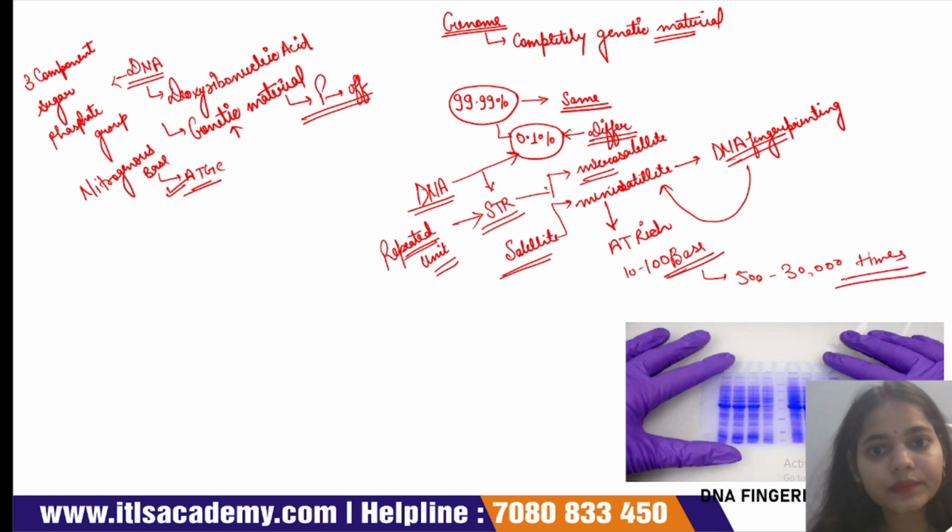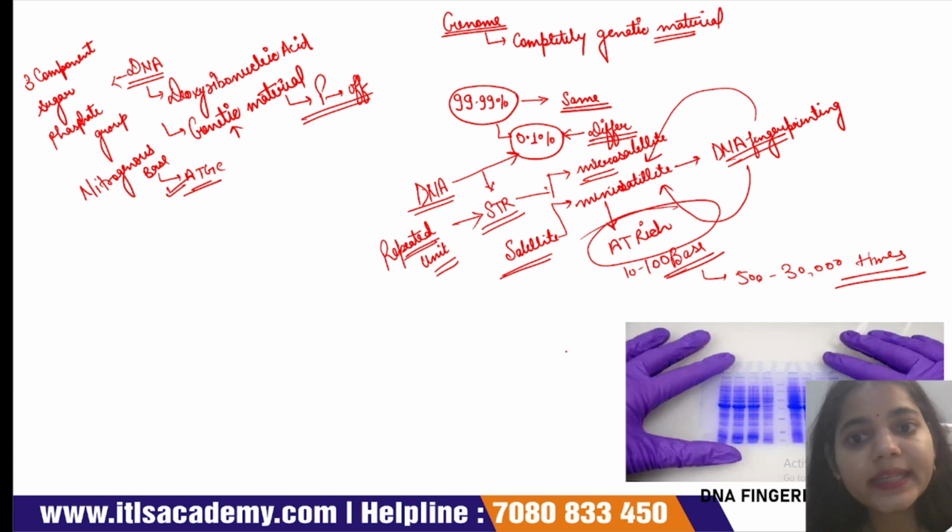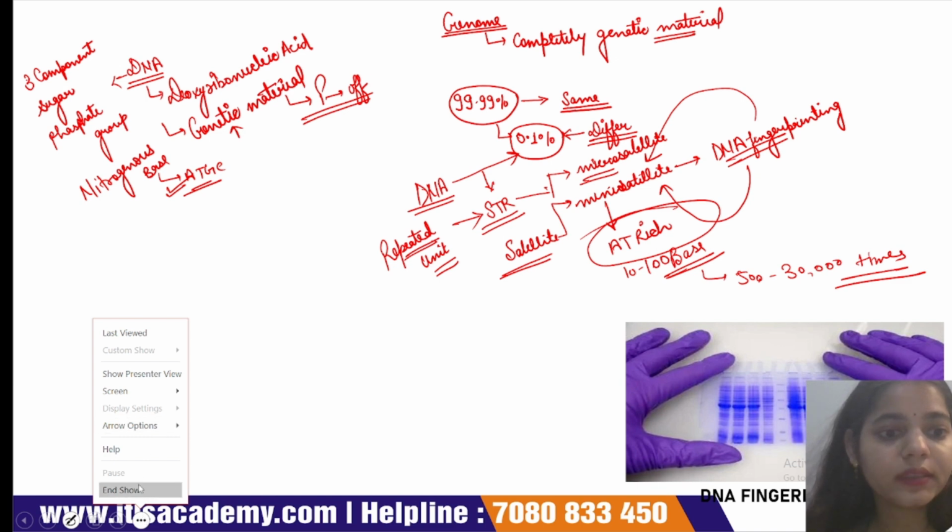In DNA fingerprinting, our target is to study the minisatellites. Minisatellites are the AT-rich regions. Now we understand the DNA.